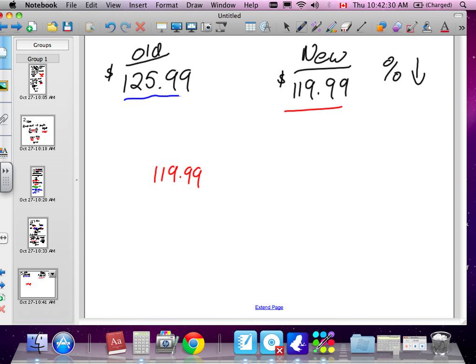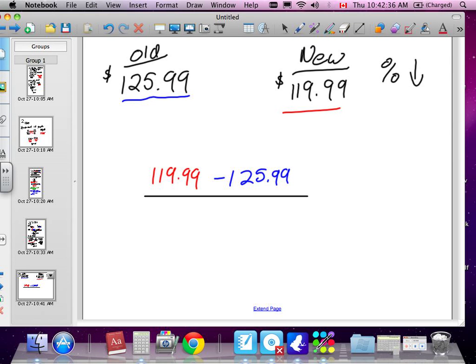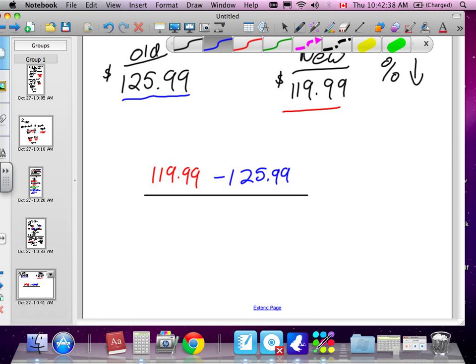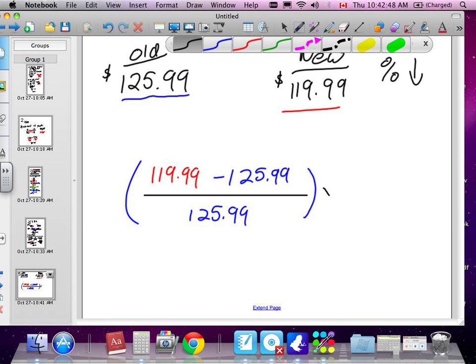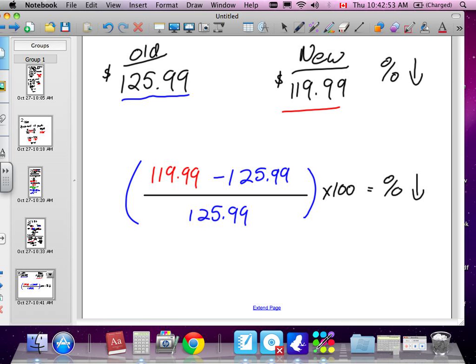We subtract the old price, $125.99. And we divide by the old price again, $125.99. And we have to multiply by 100 to find our percentage decrease.